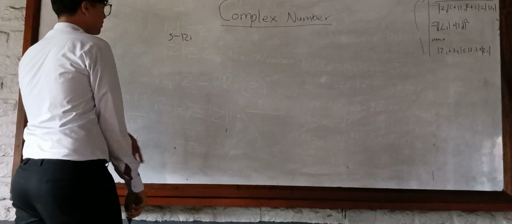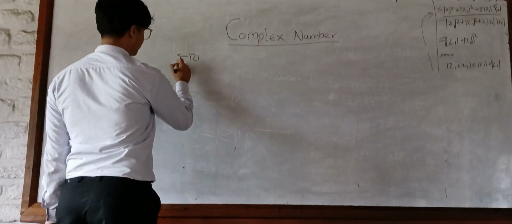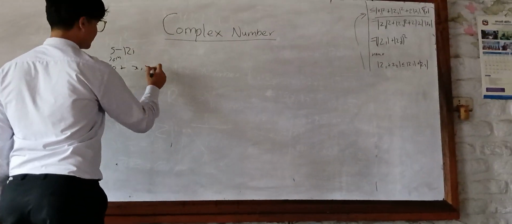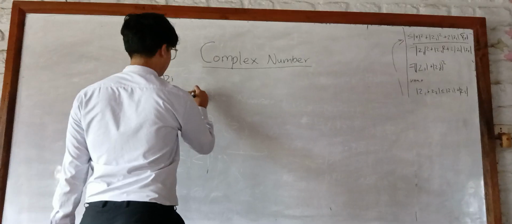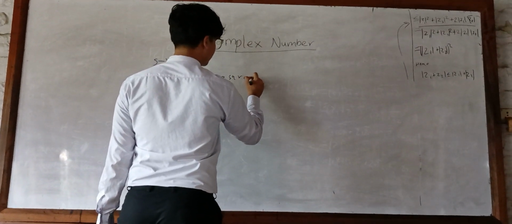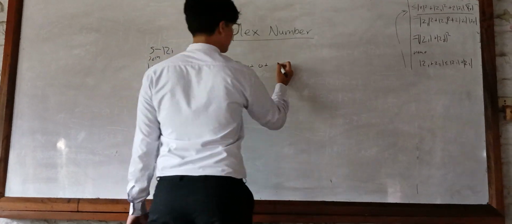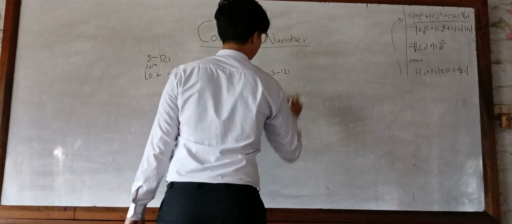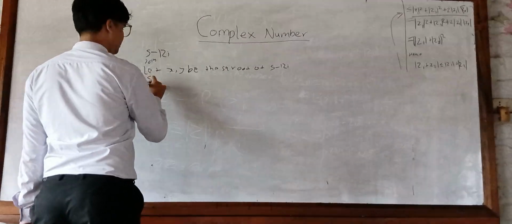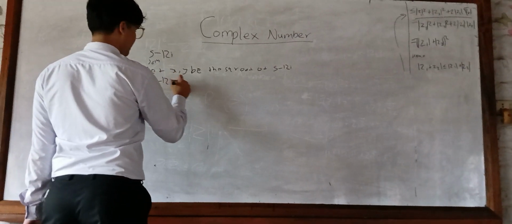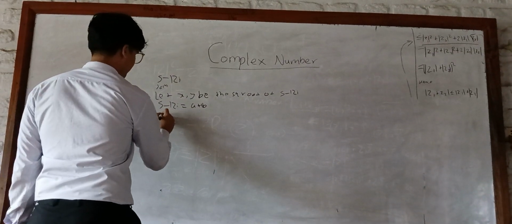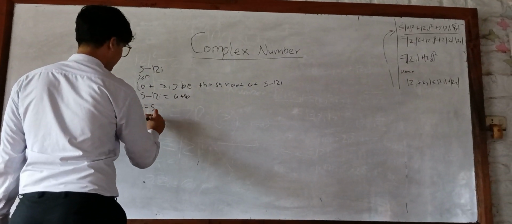To find the square root, we first let two numbers x and y be the square root of the complex number 5 minus 12i, and we can write this complex number as a plus ib. So a is 5, b is minus 12.